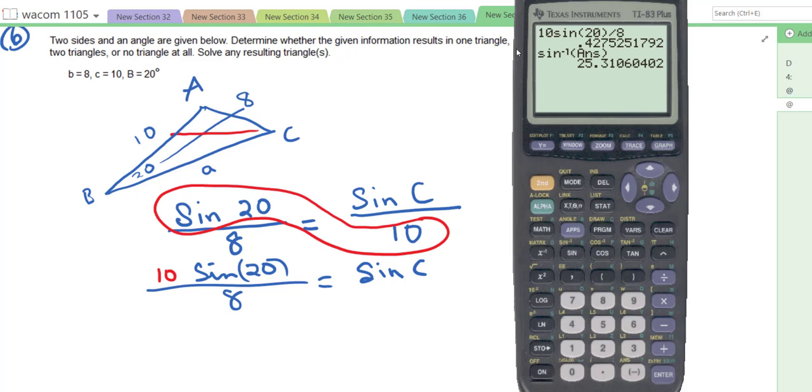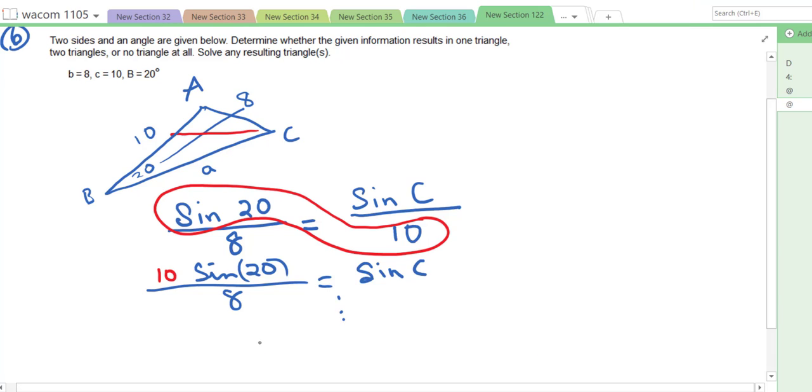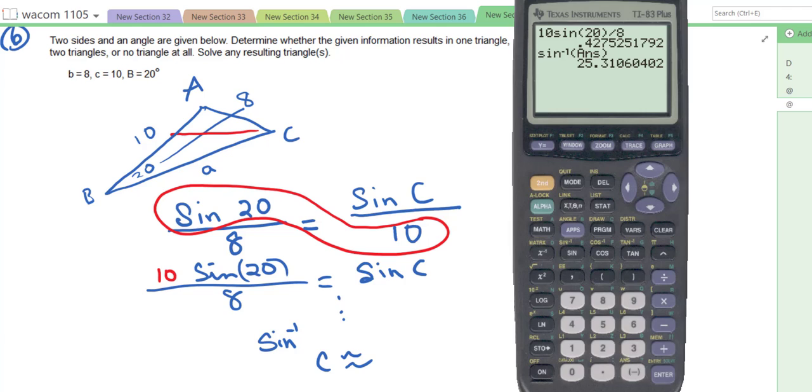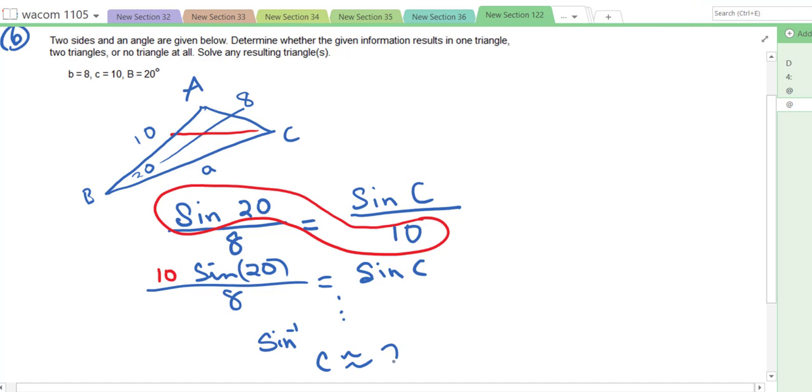So I have to remember this. See if Mrs. H's brain can work there. So I went ahead and did sine inverse, and so C is 25.31.